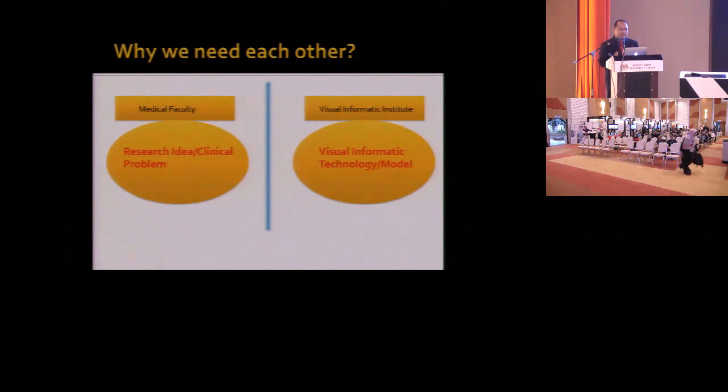If we separate them, I'm sure we cannot understand each other. The researcher from the Visual Informatics Institute will not understand what the clinician or physician wants, or what the problems are within our practice as doctors. And for the medical faculty also, we experience some problems but we don't know how to solve them. So that's why the barrier should be removed.